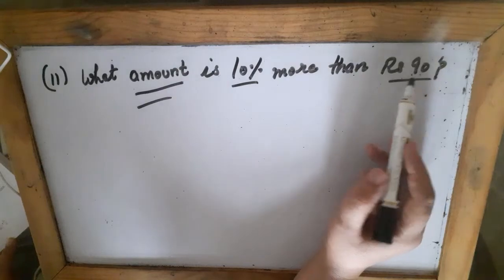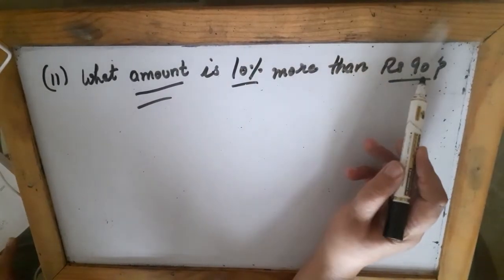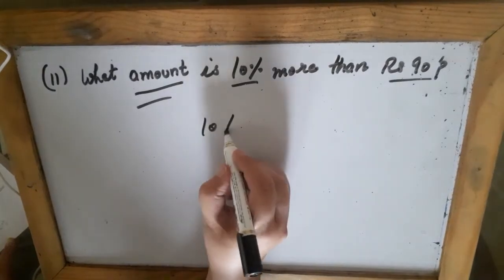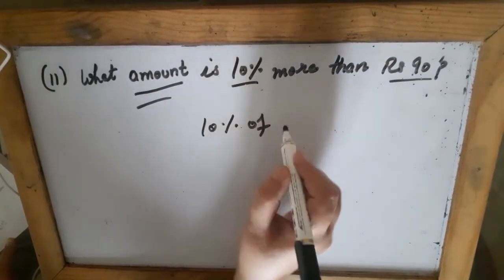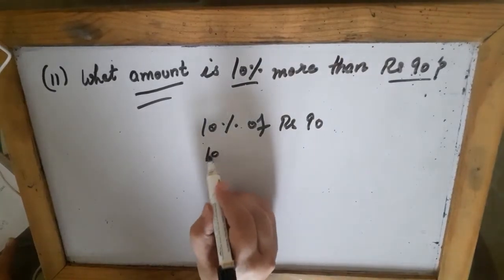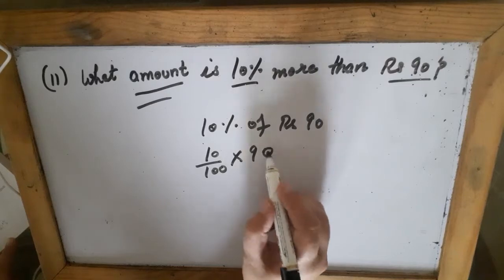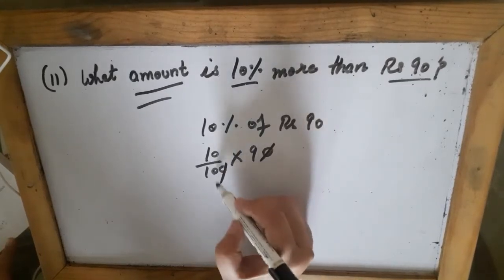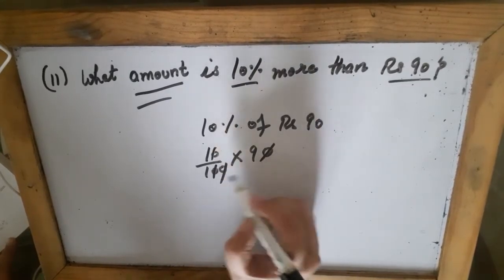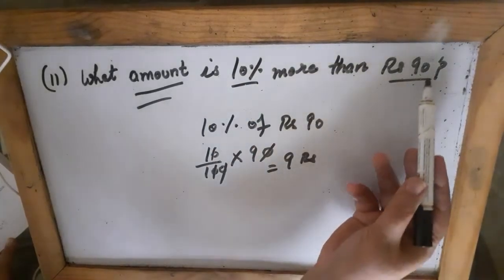So first of all, I will find out how much is 10% of rupees 90. 10% means 10 upon 100, of means multiply, 90. So 0 0 gets cancelled, 0 0 gets cancelled, it's 9 rupees. So 10% of rupees 90 is 9 rupees.